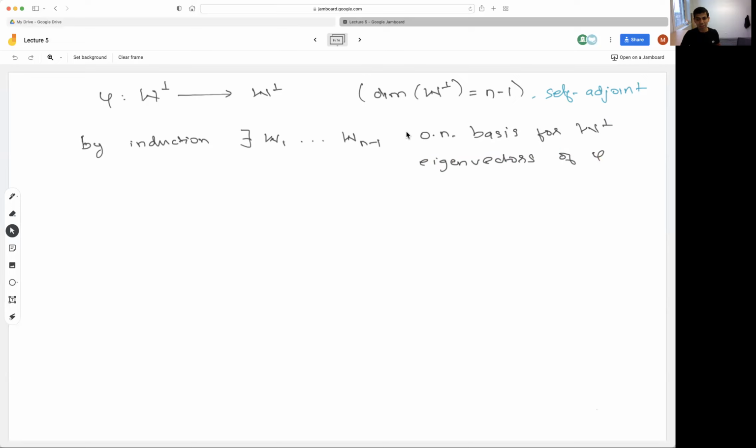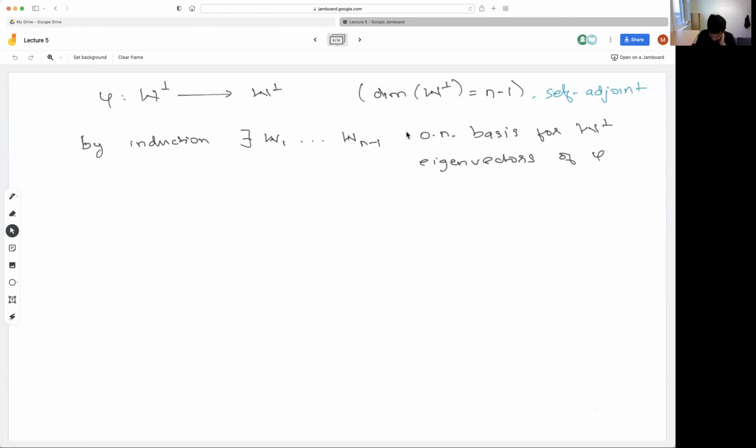Again, if you've seen the matrix proof of this, it is by arranging entries so that you can change the matrix to a block diagonal form, etc. This is just the generic version in inner product spaces. In fact, this proof is a bit cleaner because you don't have to write those more complicated matrix transformations. So by induction, for this space W perp, there is an orthonormal basis of eigenvectors for phi because this is an n-1 dimensional space, and by induction the real spectral theorem is already true.